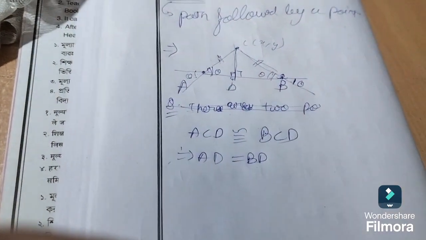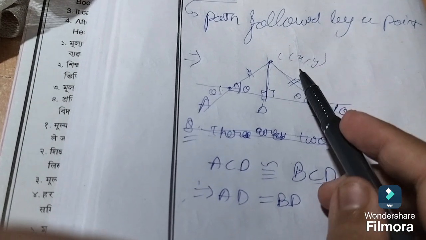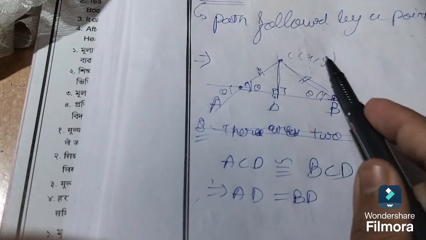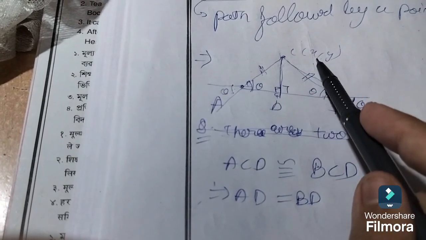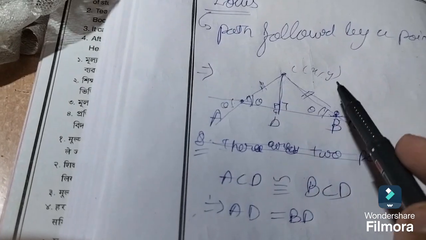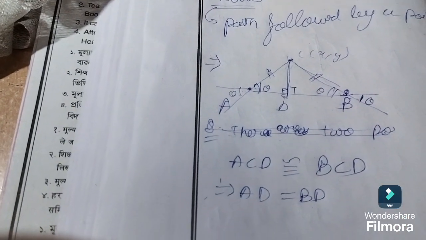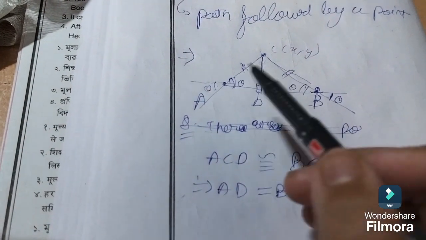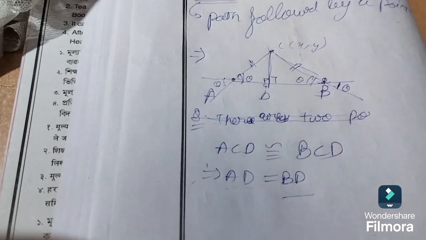Now it struck me that if this C is here, I have made this C variable. Basically I am saying this (x, y) can vary, but if it varies, what is the path it follows? Let's understand that. So do you accept that the property now held is AD is equal to BD?